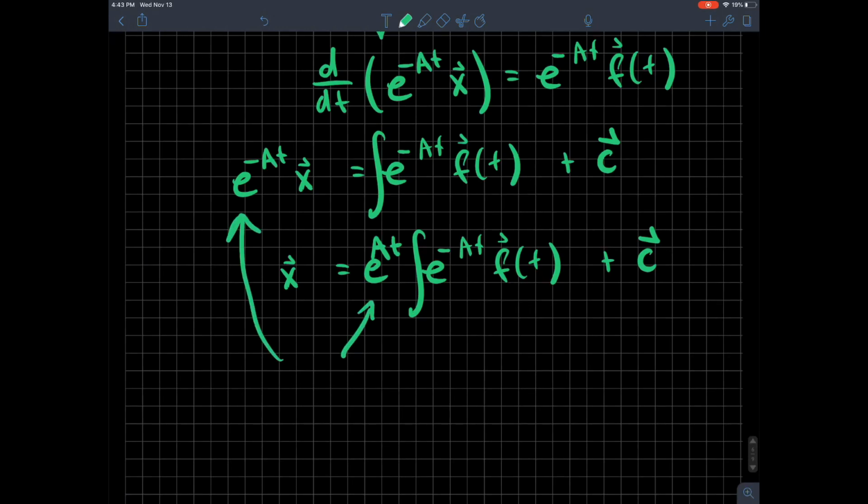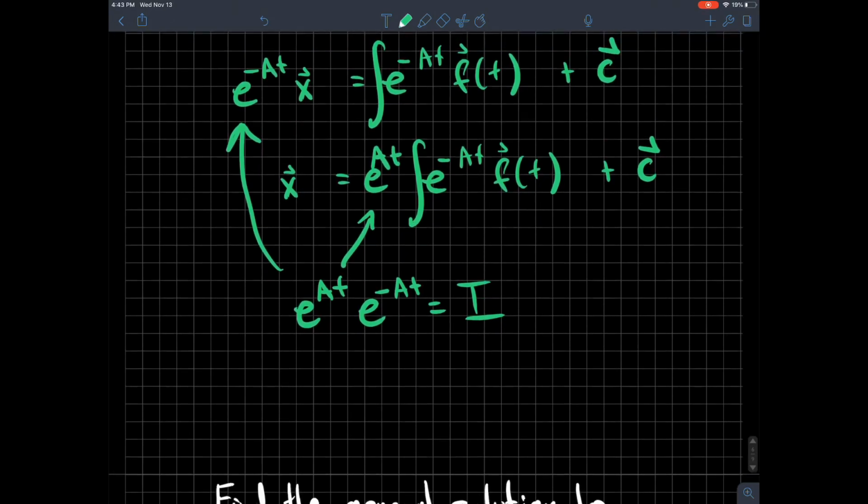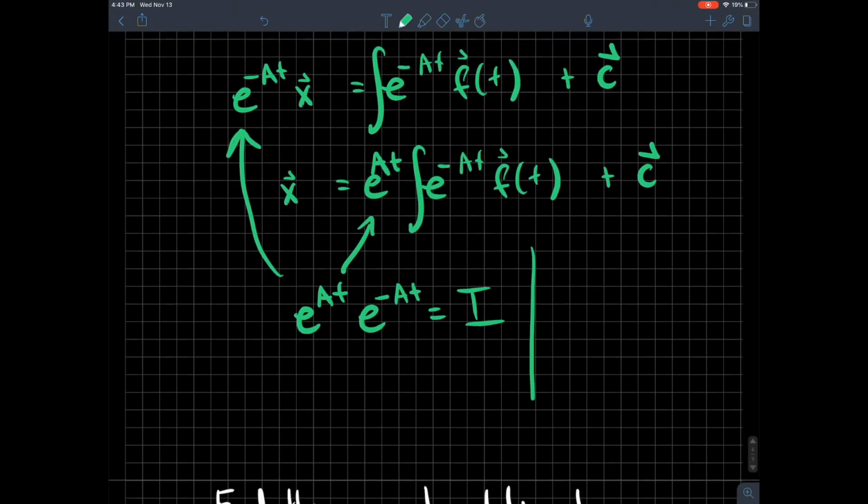All you have to do is multiply them together and show that what you get is the identity. That's not a problem. We use the property that if you have two matrices, A and B, which commute, then multiplying their exponentials is the same thing as adding them up.